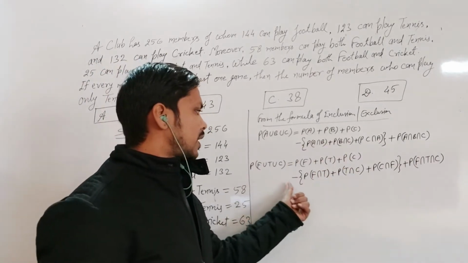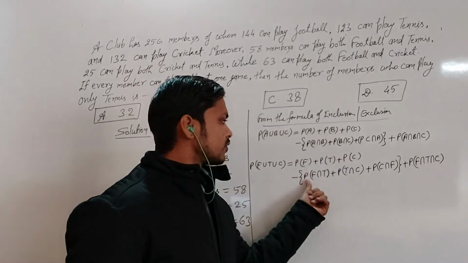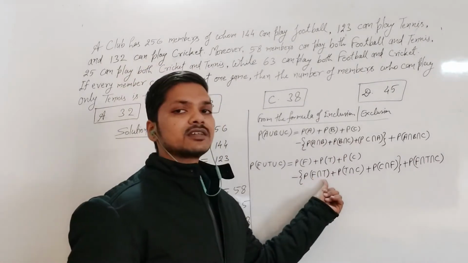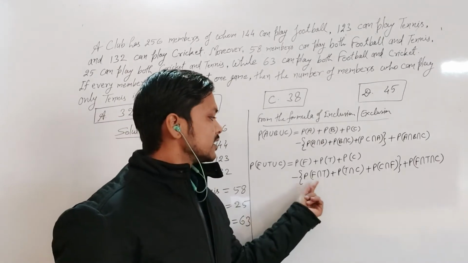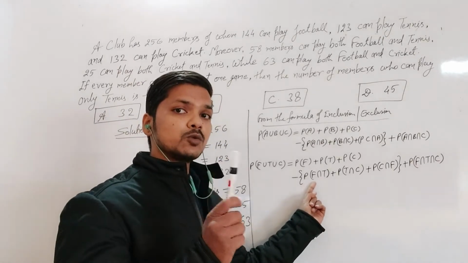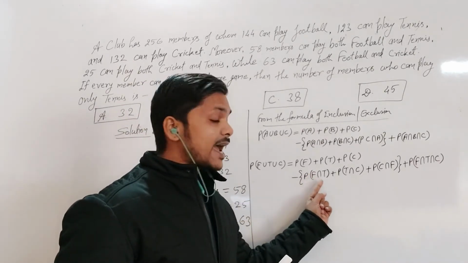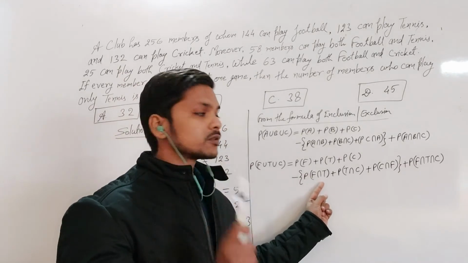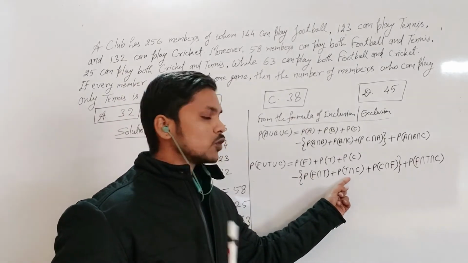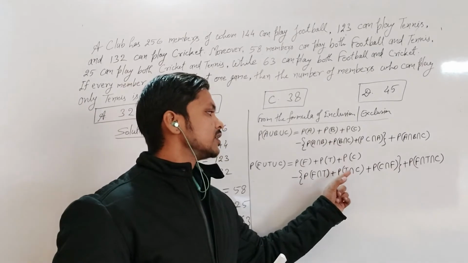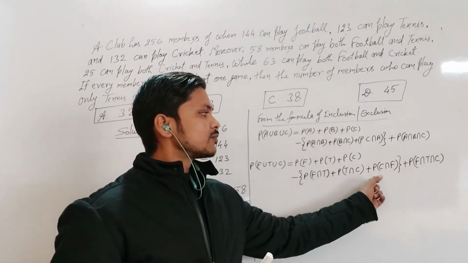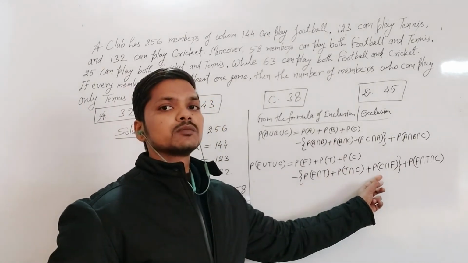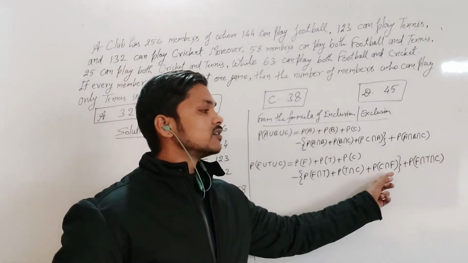Now with minus sign, probability of football intersection tennis, the players who can play football and tennis both. Now this is the probability of those players who can play both tennis and cricket, and this is the probability of players who can play cricket and football both.